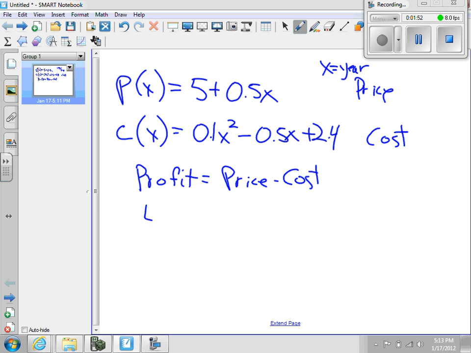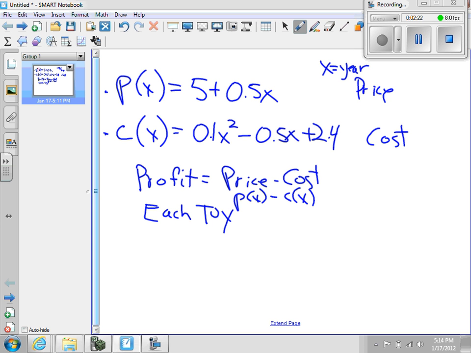So for each toy, because these two functions are per toy, that's the average price per toy, and that's the average cost per toy. So for each toy, the profit is going to be P of X minus C of X. Well, that's a pretty simple thing to do. I'm just going to take those two functions and subtract one from the other.